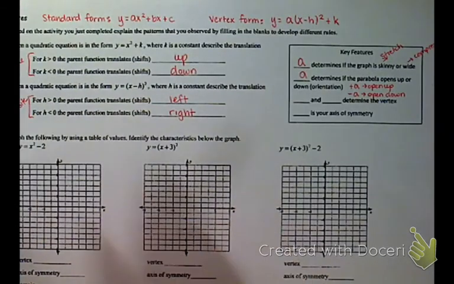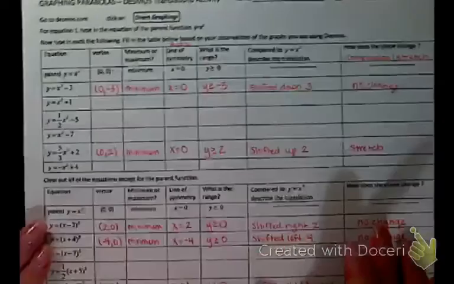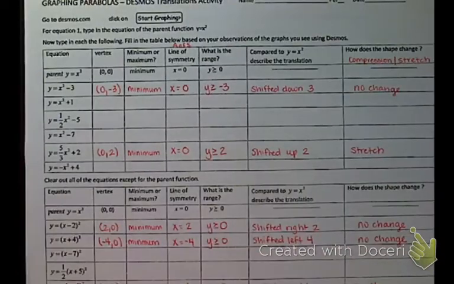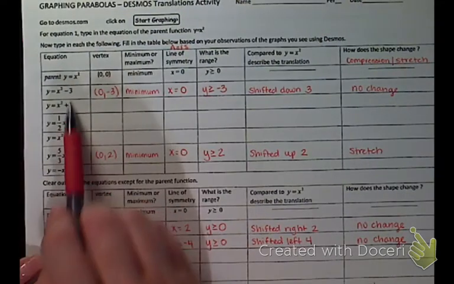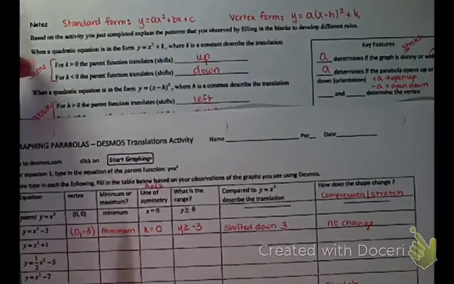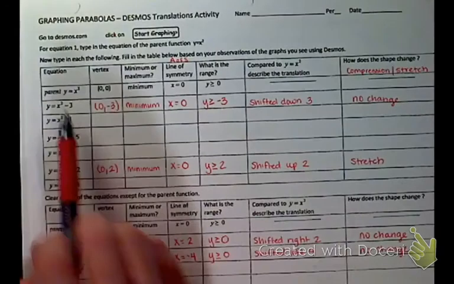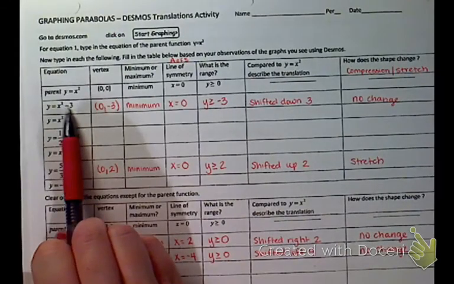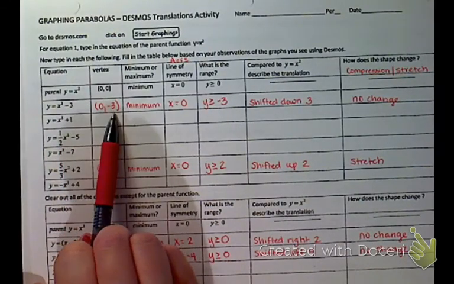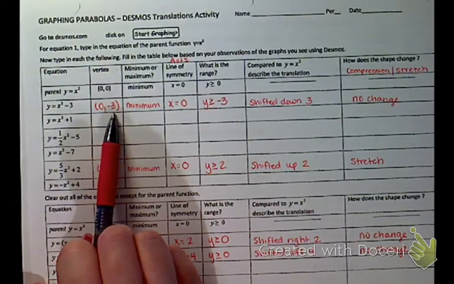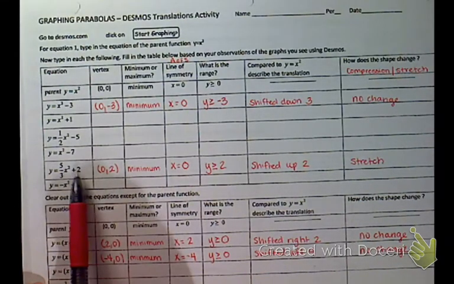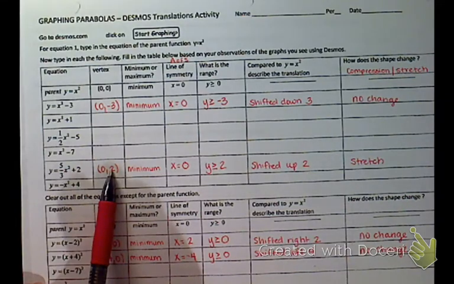But if we go back to our activity here, you should notice, remember we said all of these values stayed the same, right? They didn't change. They either went up or down. So here, -3 told me it went down. Well, isn't that also the y value of your vertex? Isn't 2 the y value of your vertex?